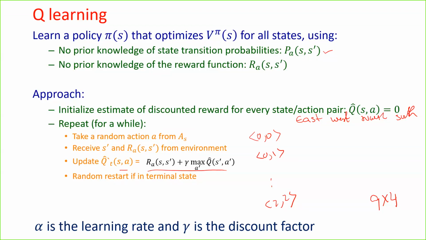So please see here that when you are computing the value, you are taking the immediate reward plus gamma times the maximum possible value that you are getting being in that next state. That entry we are getting from the Q table, so it means you are picking the action that maximizes the Q table entry.